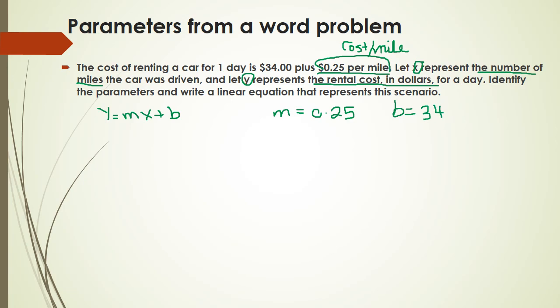That means that the linear equation for this problem is y equals 0.25x plus 34, where 0.25 represents the rate for cost per mile, and then $34 is the initial fee that we have to pay.